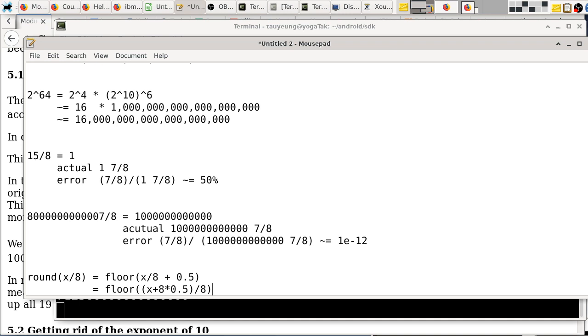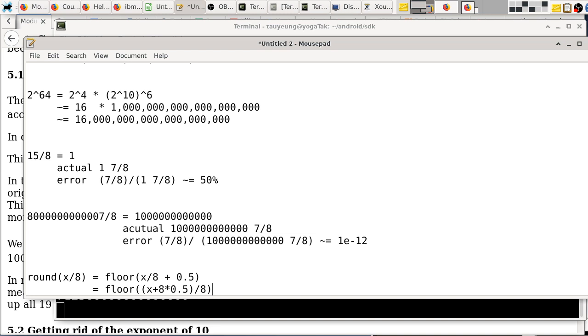Because we have x divided by 8 plus 0.5, right? Okay, so I can now say x plus 8 times 0.5, divided by 8. Is that okay? That's what it's expressing. Are we good? Okay. So then you just carry out some of the math here. Can we get rid of the 0.5?